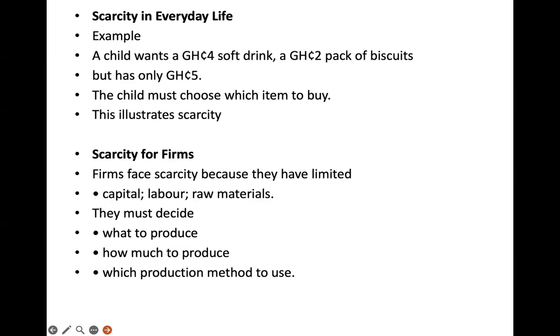Because he has limited resources. He has limited machines. He has limited financial resources. Therefore, he has to decide what goods to produce. Now he started producing what? Water. Now he has moved to soft drink. Then later on, he will move to, let's say, production of what? Other alcoholic beverages.